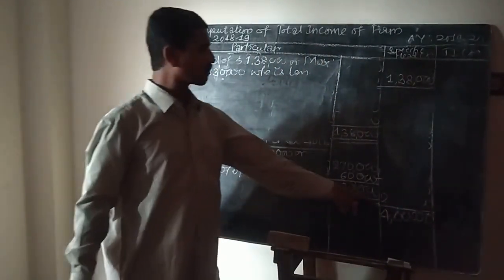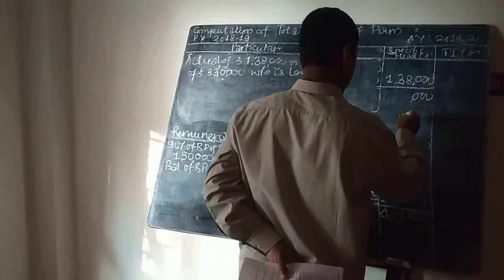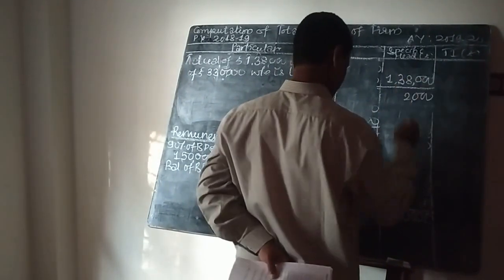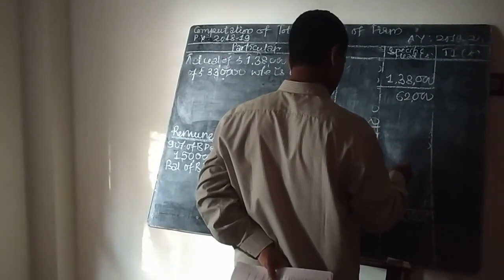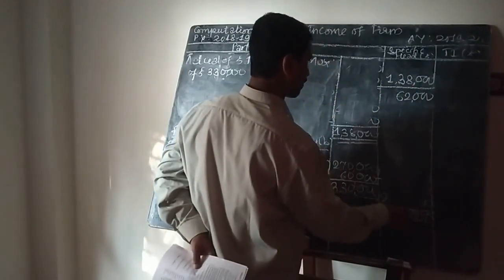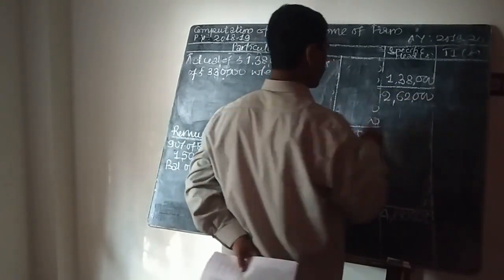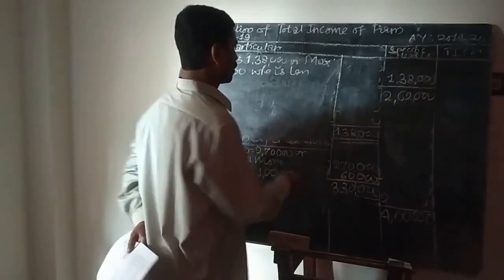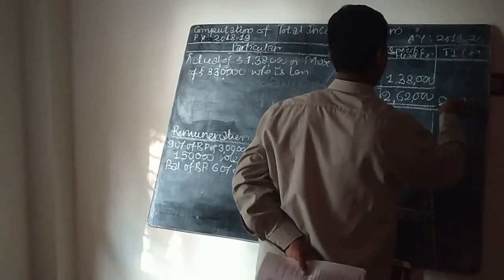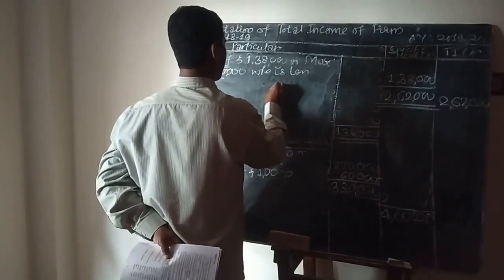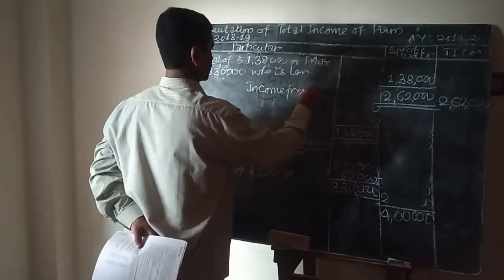Now 4 lakh minus 1,38,000: 10 minus 8 is 2, carry 1, 10 minus 4 is 6, carry 1. So it comes to 2,62,000. This is the income from business that we got.